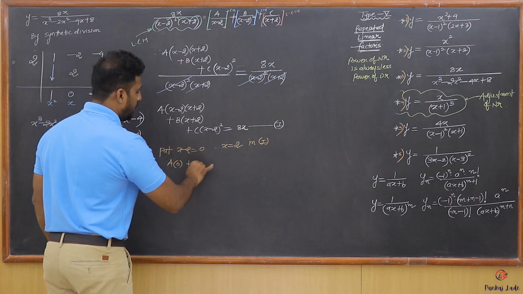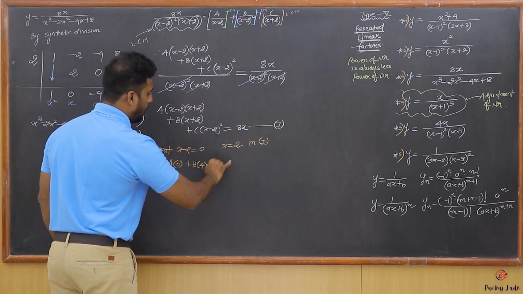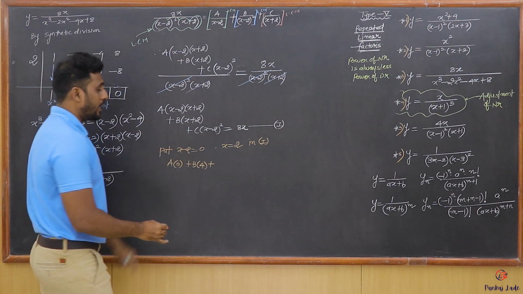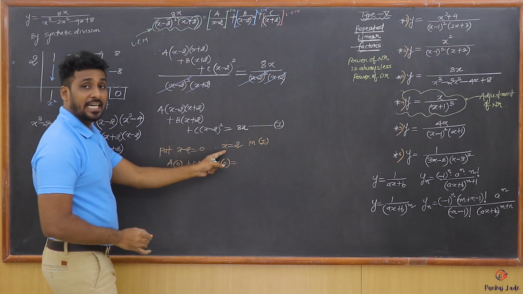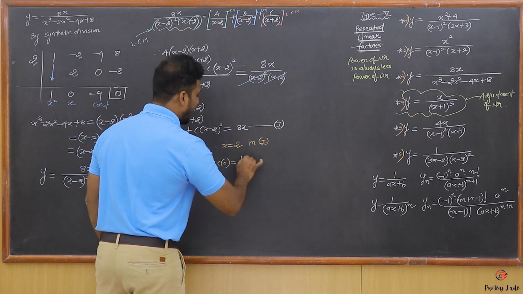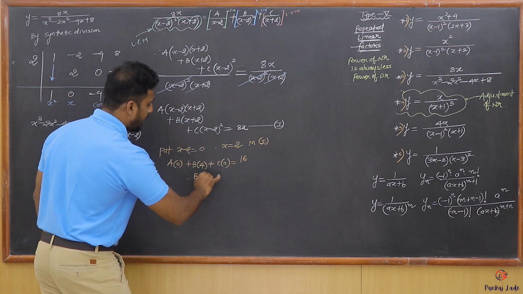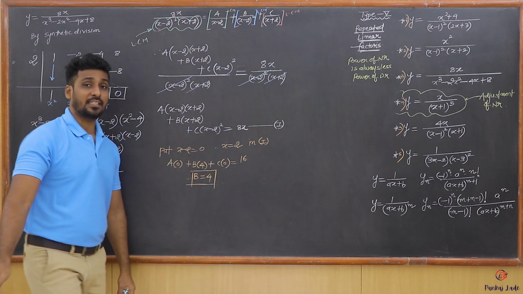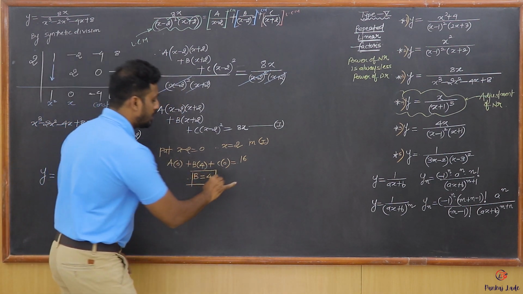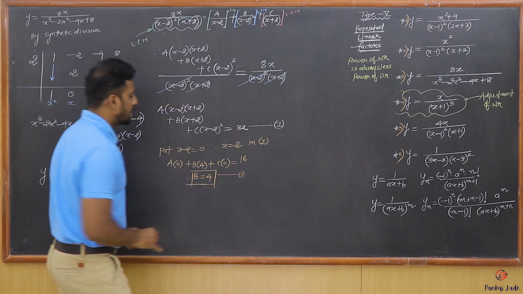So you get b into 4 plus c into 0 is equal to 8 into x is taken as 2, so 8 into 2, that's 16. So when you simplify, b is going to come 4, students, isn't it? B has come 4. Let's call this as the first relation.